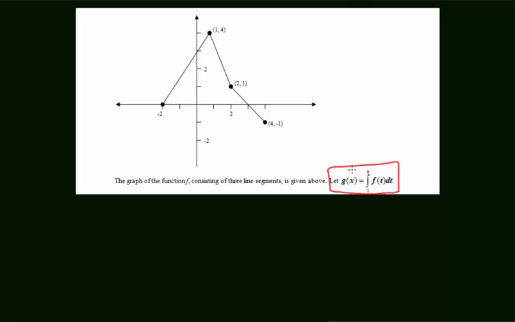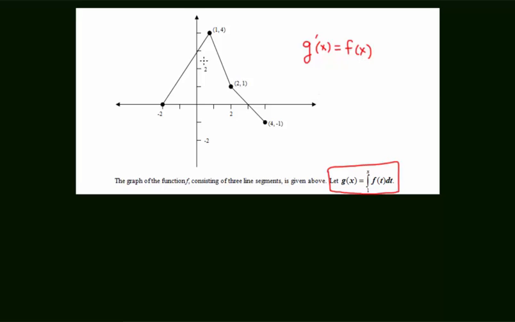The minute you see this, you are already aware of the types of questions you're going to ask. And I really encourage you to come over here on the page and write, if g is the integral of f, then g prime is equal to f of x.